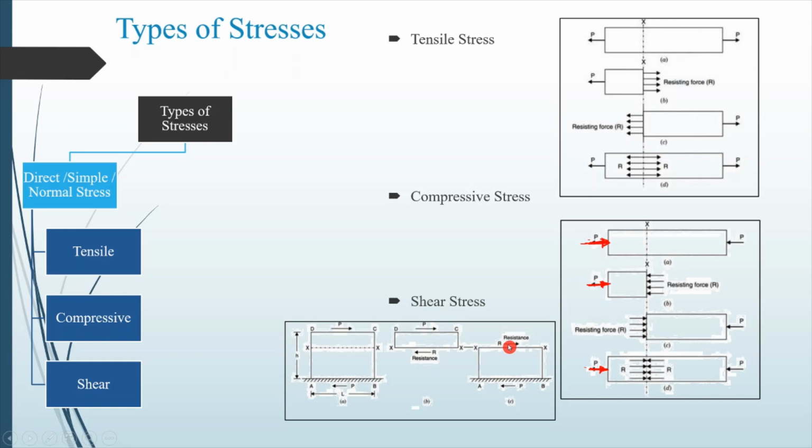So reaction R will be towards right, and that reaction will be balanced by the support reaction, whose value will be equal to P by equilibrium conditions. So this is the type of shear stress. Actually this shear stress is not a direct stress or normal stress, it is a tangential stress.